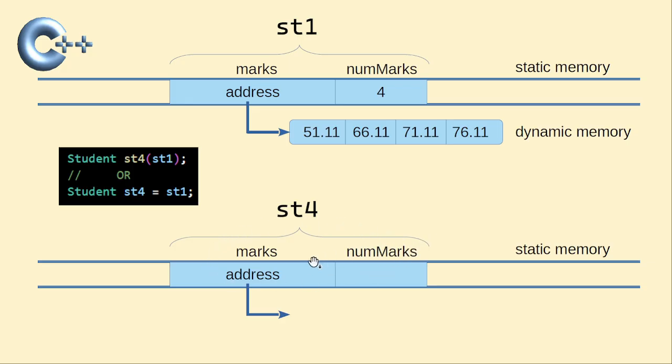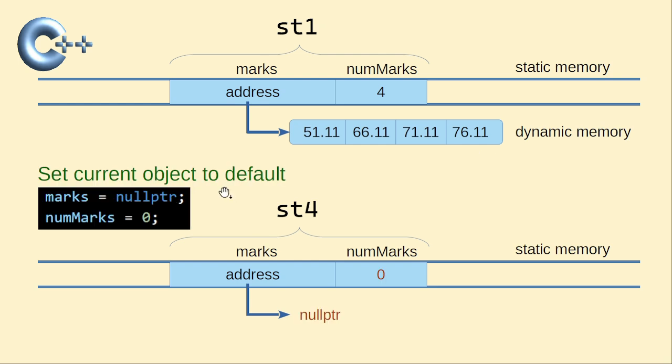That means the memory space for marks and num marks attributes is allocated, 8 byte for address and 4 byte for number of marks, and it starts executing the logic in the copy constructor. In the beginning, if you remember the coding we did just before, first thing we did was we set the current object to default state. That means we set marks to null ptr and number of marks to 0, and that is what happens. So address is set to null ptr and number of marks is set to 0.